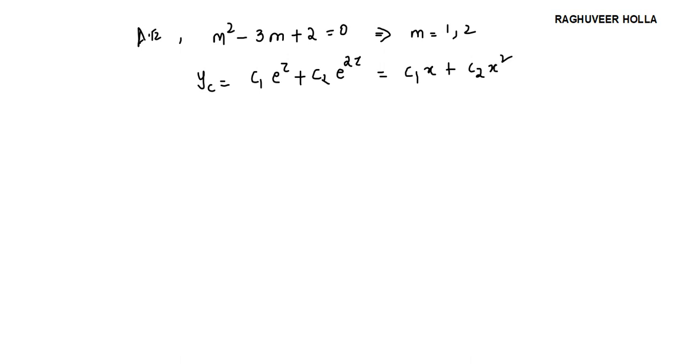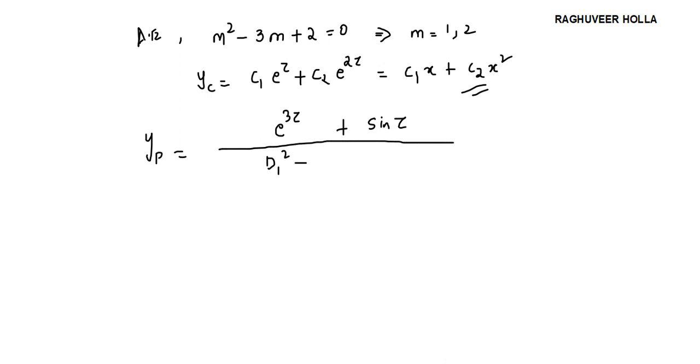Okay, we have finalized y in terms of x, and let us find the particular integral, that is yp. On the right hand side, what we had is e to the power of 3z plus sine z, divided by d1 square minus 3d1 plus 2.